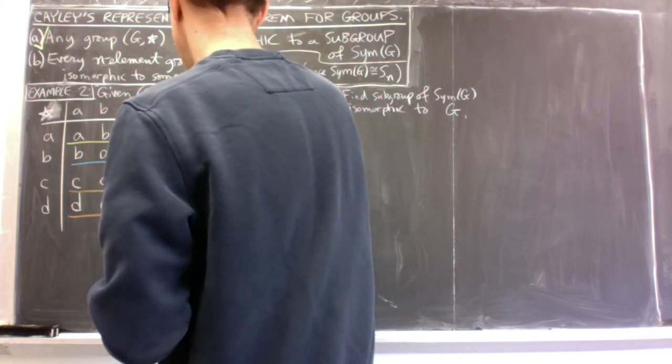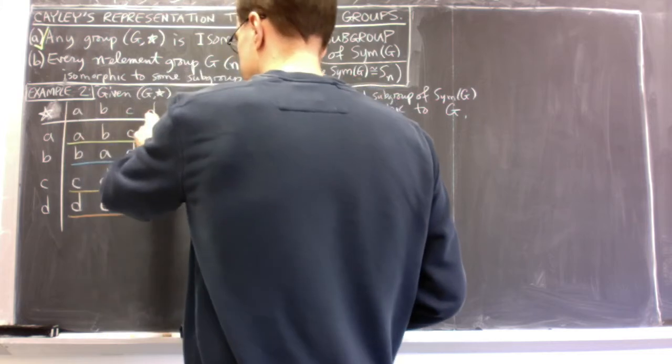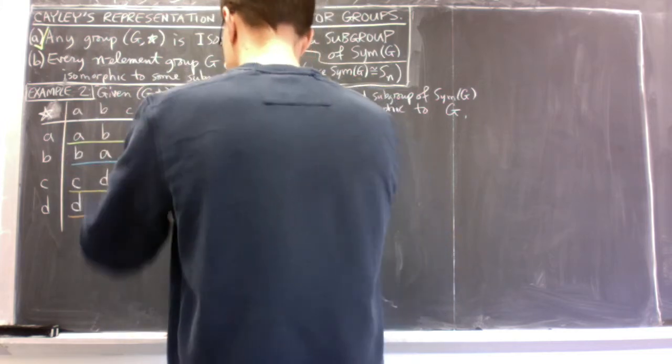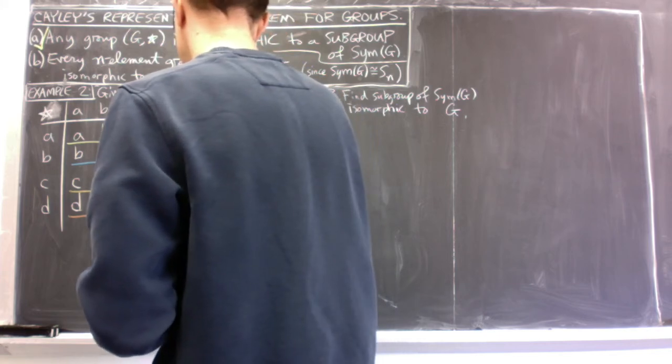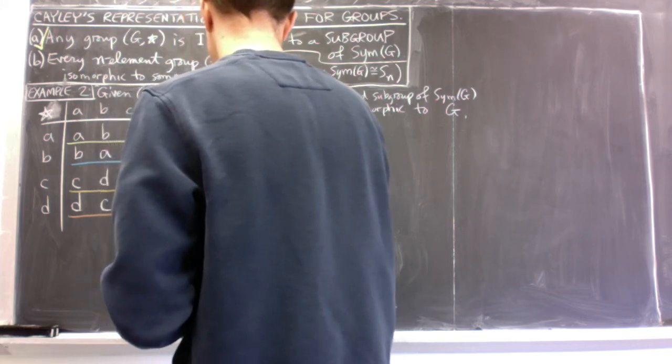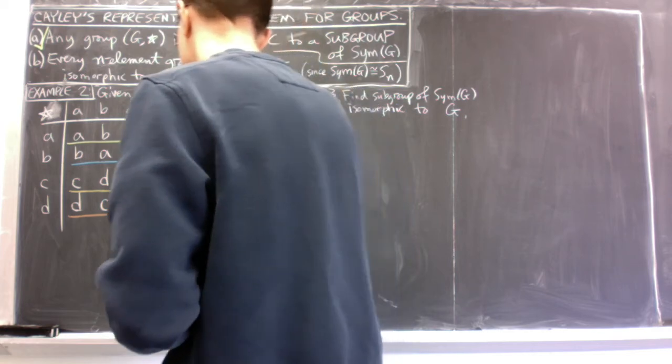Left multiplication by B, on the other hand, sends A, B, C, D respectively to B, A, D, C. Left multiplication by C gives me C, D, A, B as the outputs.